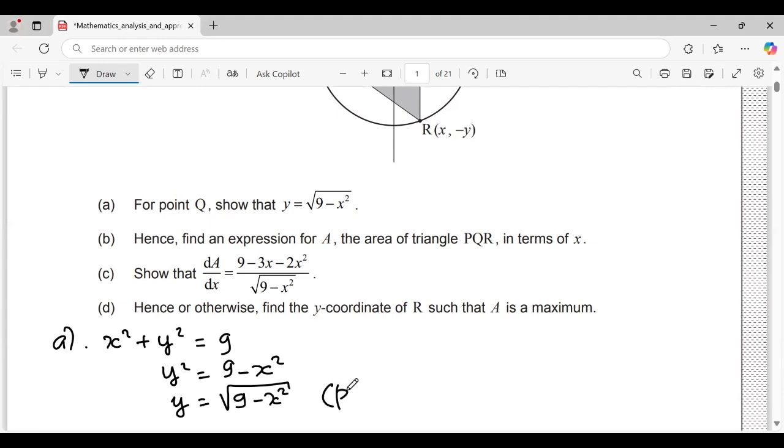So proved. Next question B: hence find an expression for A, the area of triangle PQR, in terms of x.